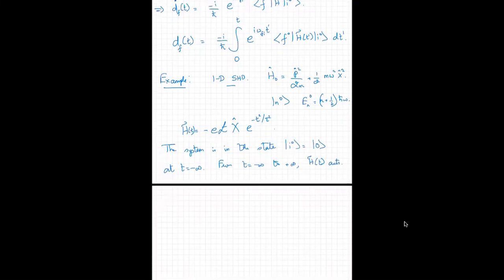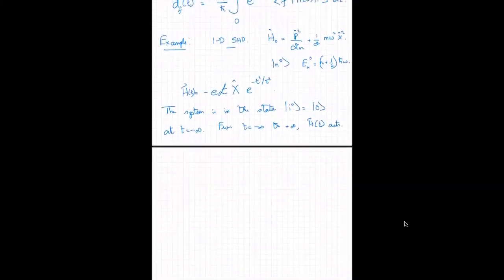Suppose you again make a measurement at t equal to plus infinity, what is the probability that the system evolves to a different state, some other state |n0>, where n is not equal to 0, right?